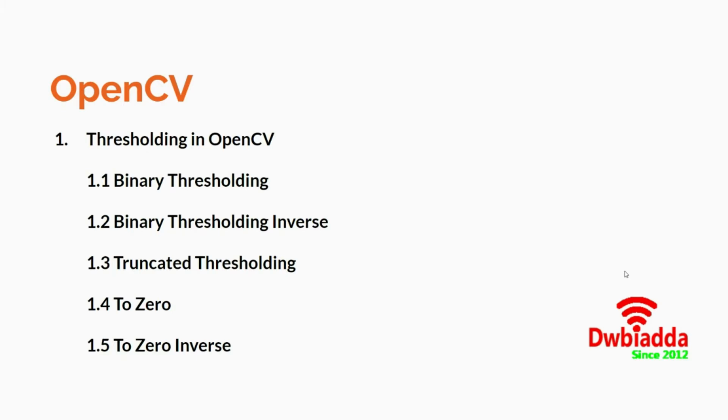In the truncated threshold technique, the 60 would remain 60. And if there is a 150, it will become 120 because it's above the threshold value. The pixel remains the threshold value itself.